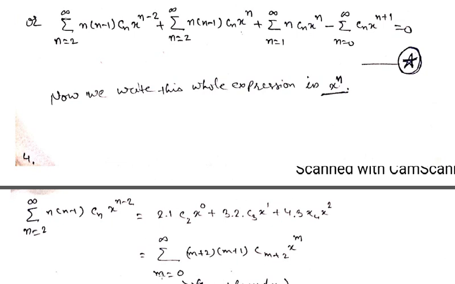This can be written with m equals 0 to infinity, taking this as m equals 0 to infinity. So for m equals 0, m equals 1, m equals 2, these expressions can be written as summation m varying from 0 to infinity of (m plus 2)(m plus 1) c m plus 2, x to power m.